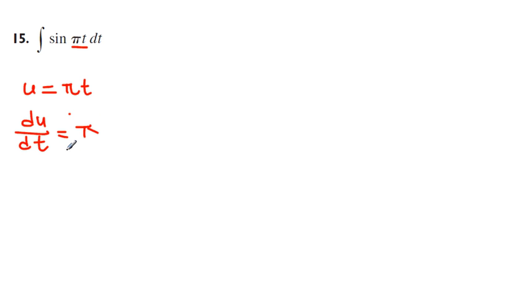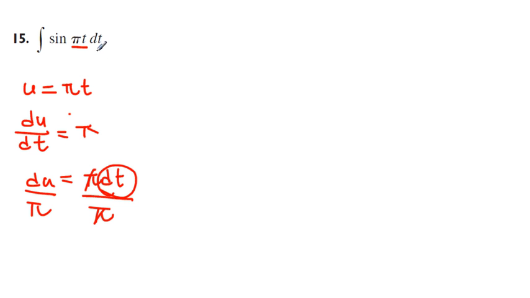Now, to have du by itself, we get du equals pi dt. We don't see pi outside of the sine expression, so we can divide each side by pi. Then pi cancels out, we only have dt, and so is dt here. Then I think we are ready to substitute.